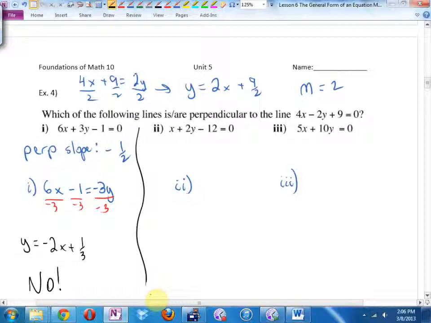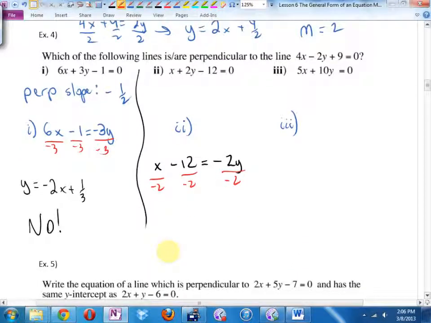Let's do the same thing for this one. I think I would minus the 2y over. And then I would go divide by -2, divide by -2, divide by -2. And I would get y equals, how would I write x over -2? First of all, positive or negative?